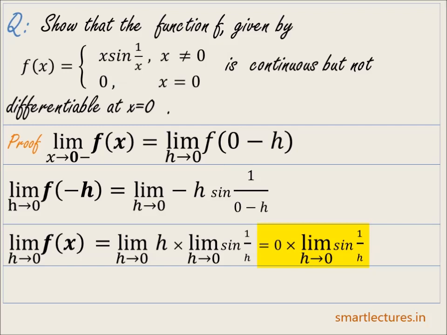And now what's the value of sine of 1 upon h? Now the value of sine of a function is always between -1 and 1. So this limit is equal to 0 into a number which lies between -1 and 1. And 0 multiplied by any number is equal to 0. So the left hand limit is equal to 0.